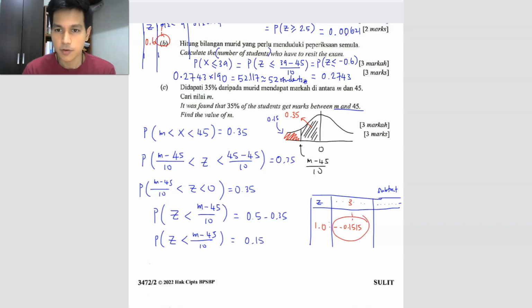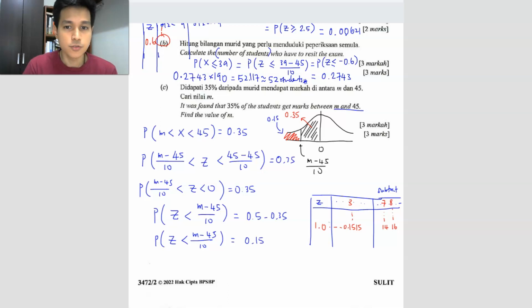Not 0.1515. So you cannot just use that. You have to subtract 15, that is 0.0015. So the closest you can get is either 14 or 16. If you've used the table, you can either find 14 or 16. So that value here should be either 7 or 8. You can use either one.